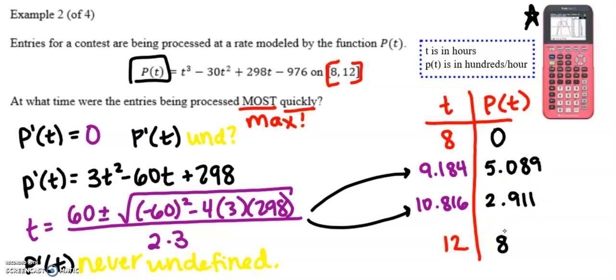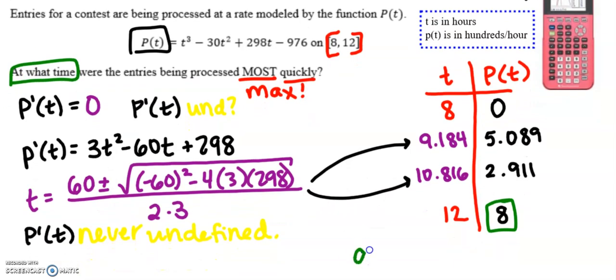We're going to use 3 decimals for AP Calculus, so thousandths place. Which one of these is the most quickly? 8. But this question says, at what time? So at time t equals 12, entries were being processed the most quickly.